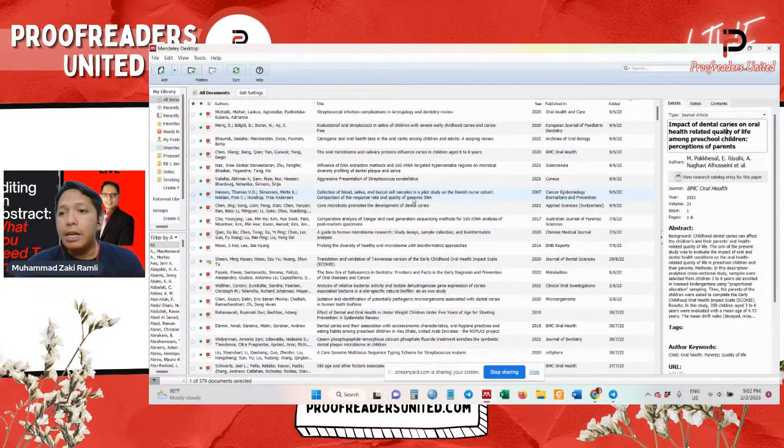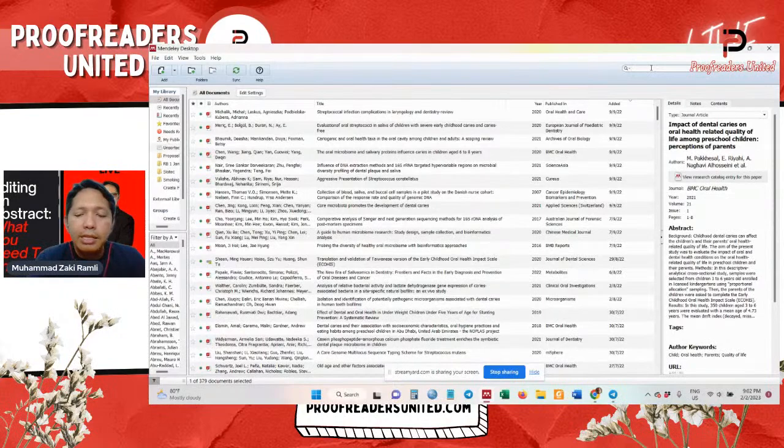Okay, let us start. Let's find an abstract to be checked, and then we'll find any ways where we can improve the abstract. And by the word improve, I mean edit the abstract.